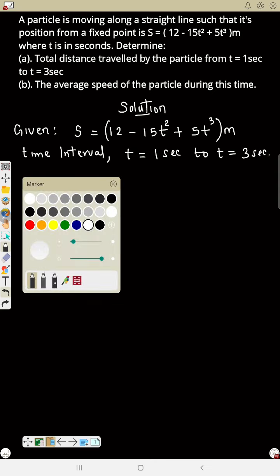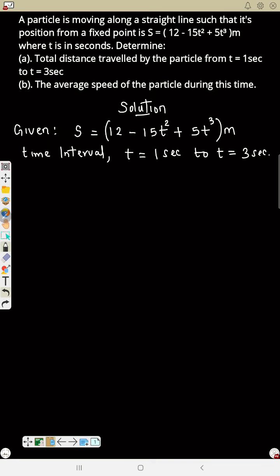This is the first case that people don't usually understand. Time interval simply means from 1 second to 3 seconds. That doesn't mean we should just jump from 1 second to 3 seconds. After 1 second, you will still cover 2 seconds. After 2 seconds, then you will cover 3 seconds.